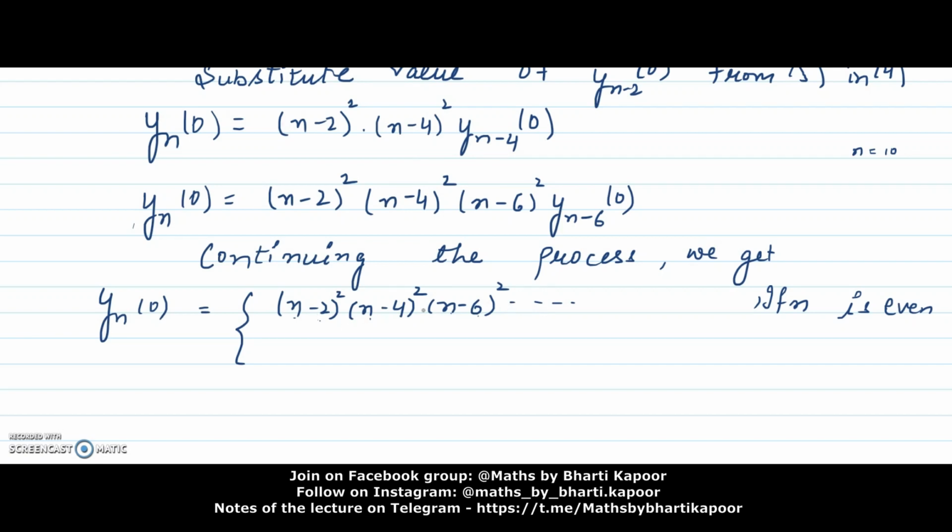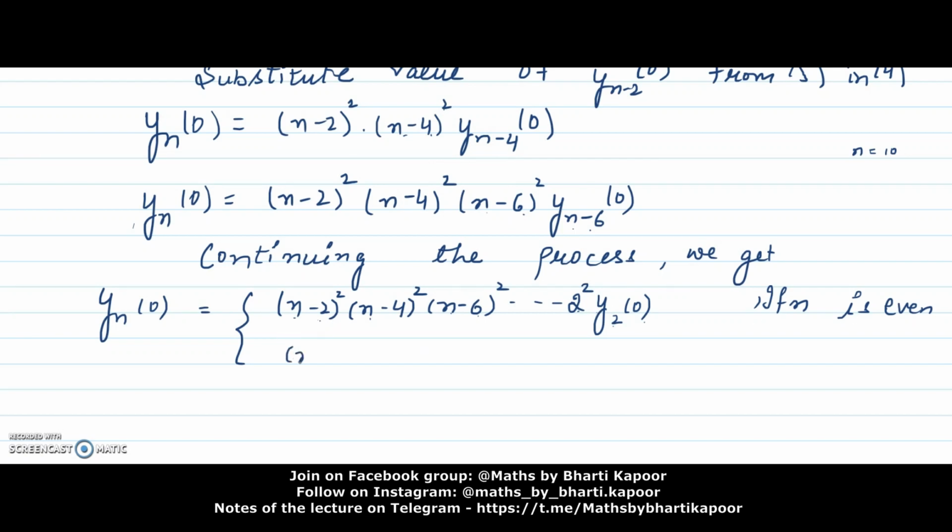So the value of n is getting decreased by 2, and it will end when you have 2 square as the last term, and in that case you will have y2 0, because when it was n minus 6, you had yn minus 6 over here. When n minus 4 whole square, then there was yn minus 4. So when the last term is 2 square, then it will be y2 0 when n is even.